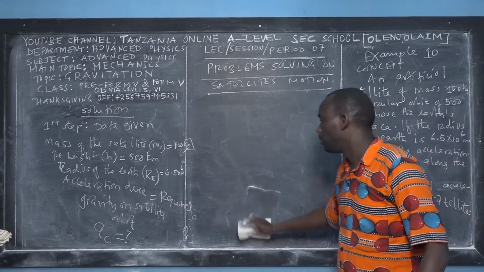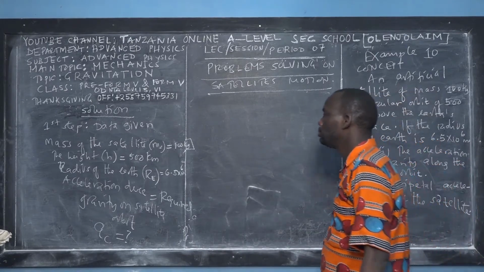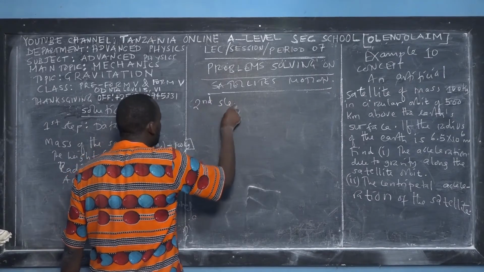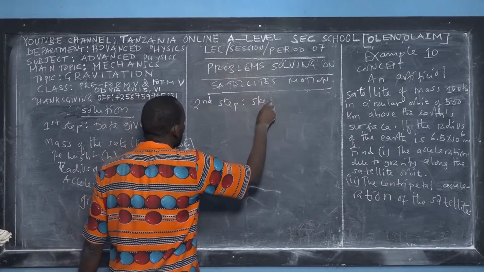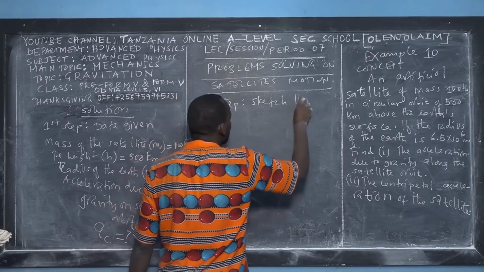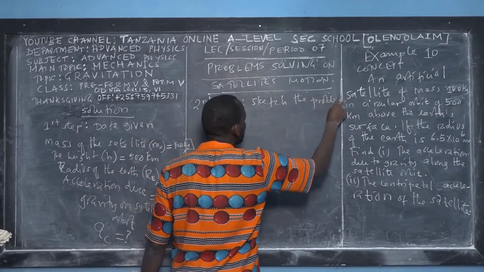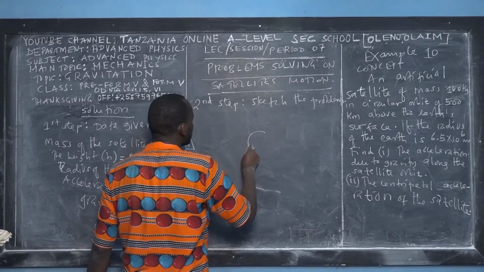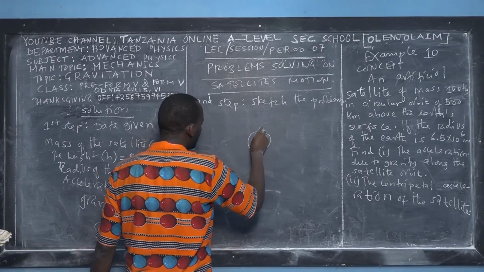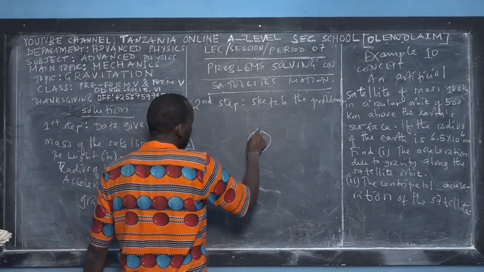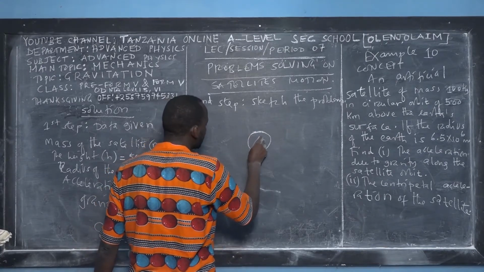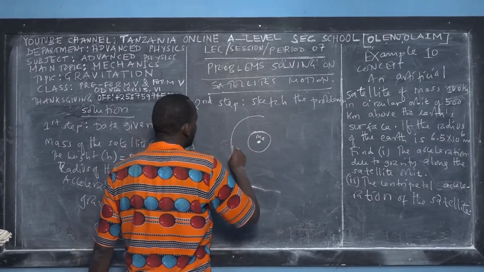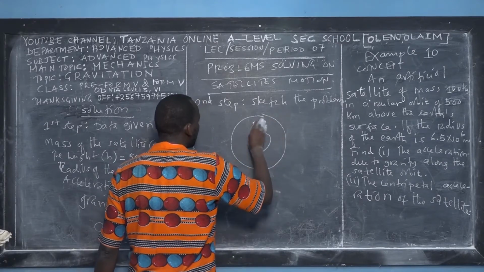Okay? So, in order to navigate that question, the second step is to sketch the problem. To sketch the problem, we have the Earth's surface. The question talks about the Earth, not the moon. So this is the mass of the Earth. And then we have the circular orbit of the satellite.